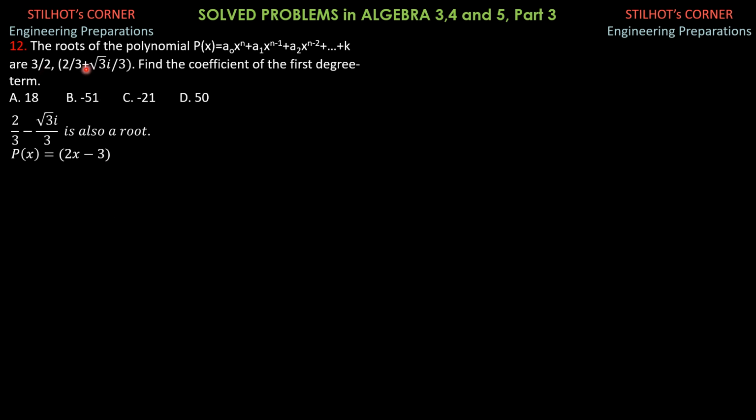And for this part, we have 3 times quantity x minus the root, and the other root is 3 times x minus 3 times x plus quantity 2 plus square root of 3.